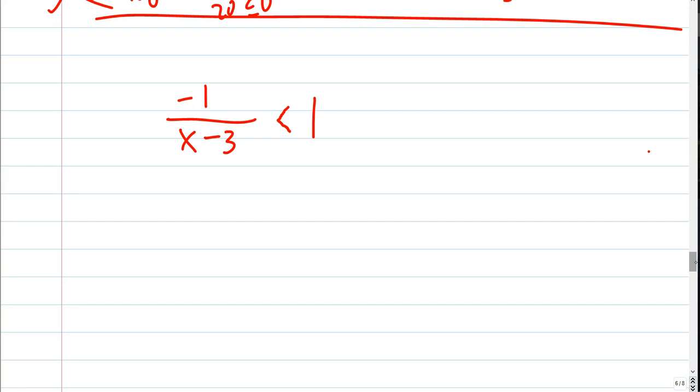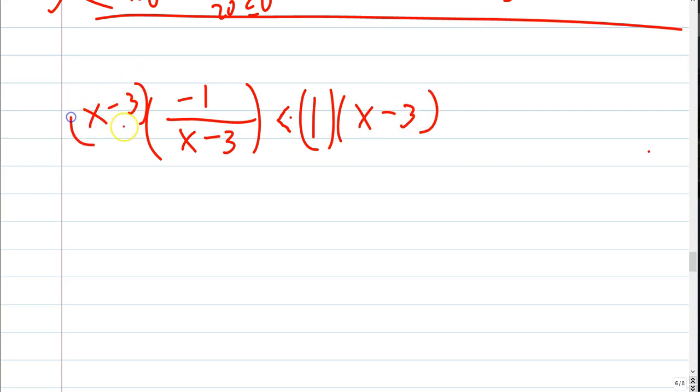What if it's a rational equation? Well, we clear the fraction just like we have in the past. So I'm going to multiply both sides by the denominator, x minus 3. Clears it on the left side, leaving us with negative 1 is less than x minus 3.